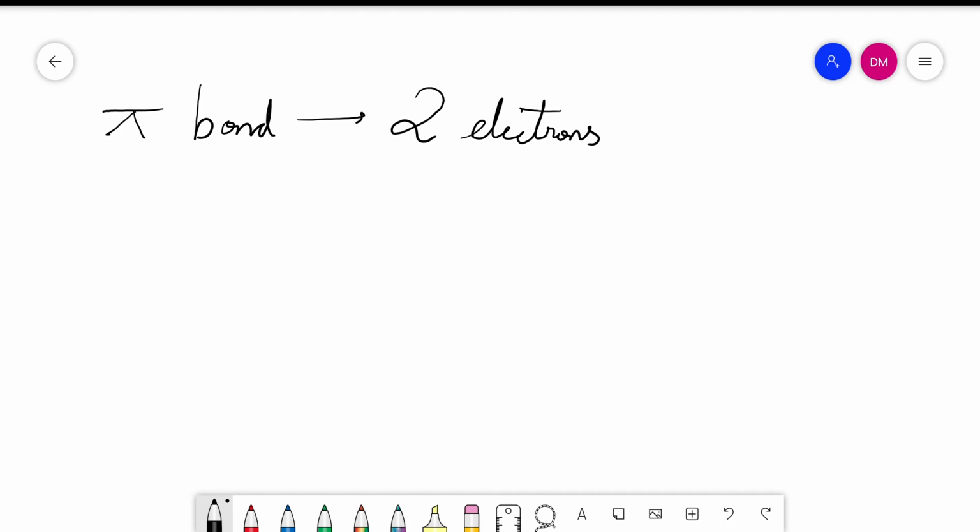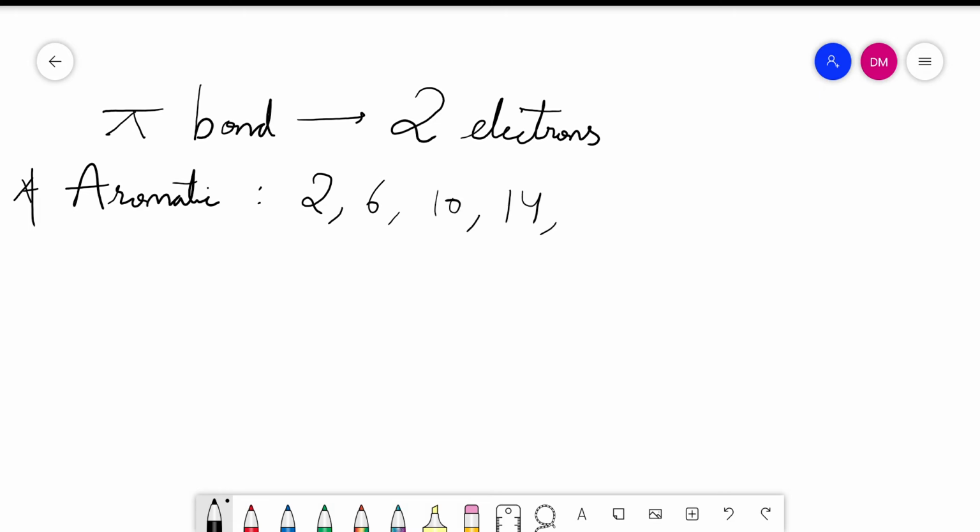Then for aromatic, how to know whether it's aromatic or not? For aromatic, it must have 2, 6, 10, 14, 18 electrons. If any of these numbers of electrons are present, then it is aromatic.